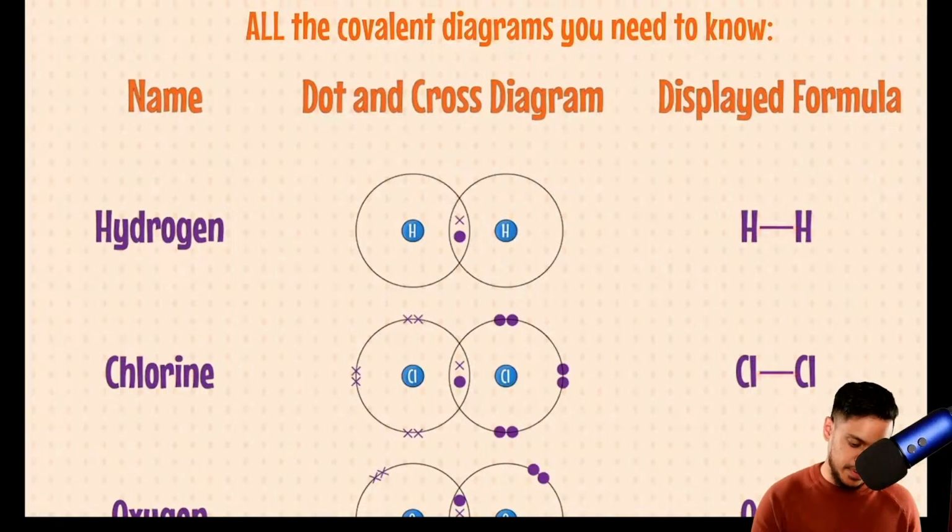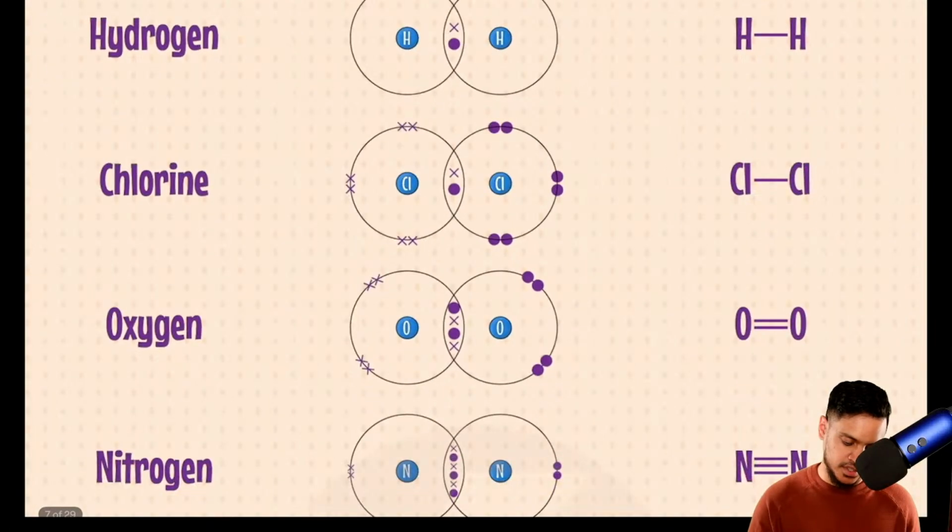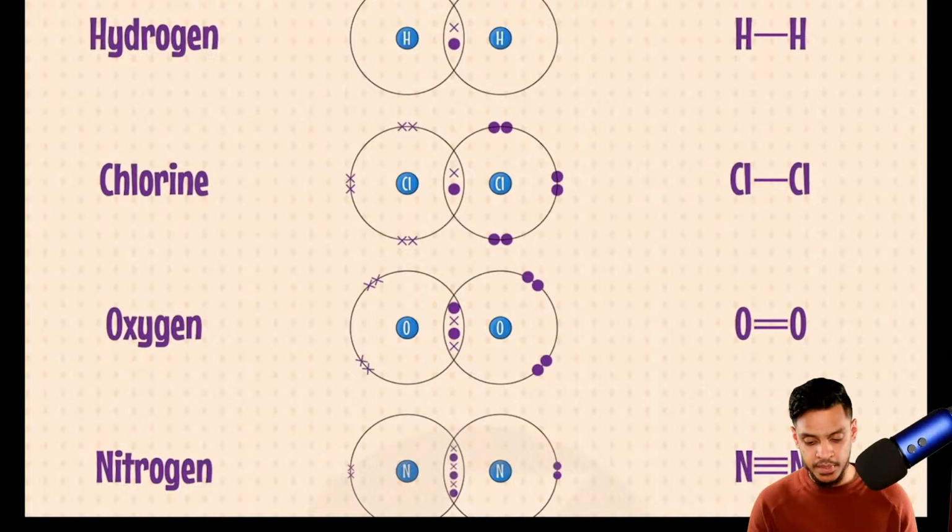So every pair of electrons you have corresponds to 1 covalent bond. Now if you look at oxygen, look at how much is in the middle. We've got 4 in the middle, so that's 2 pairs, so that's a double bond. Then if we look at nitrogen, that's 3 pairs. There's 6 electrons in the middle, so that means it's a triple bond.